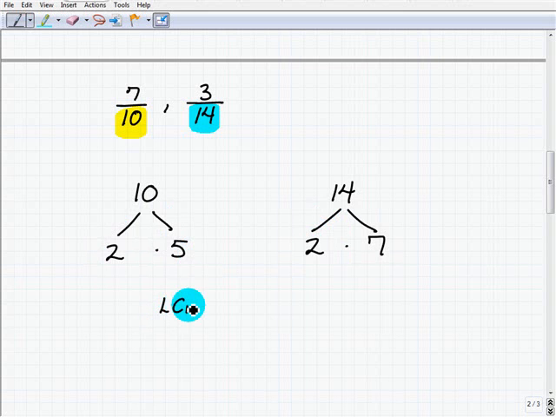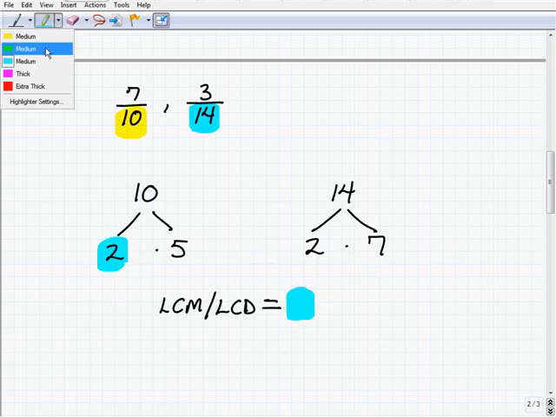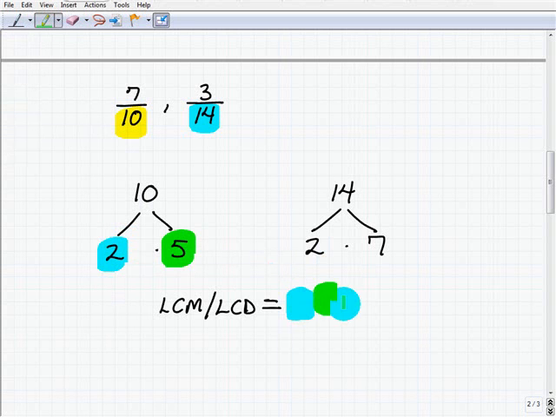So our LCM, or LCD in this case, because we're talking about the denominators, same thing, is going to be, all right, we need a 2. We have a 2 here, but I only need one 2 represented, and the highest power, being that they're both 2 to the first, I just need a 2. I need a 5 here, and I also need a 7.